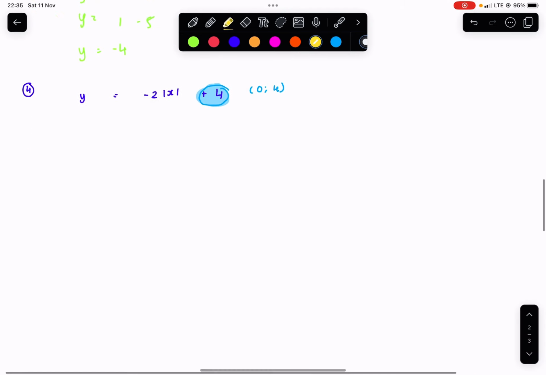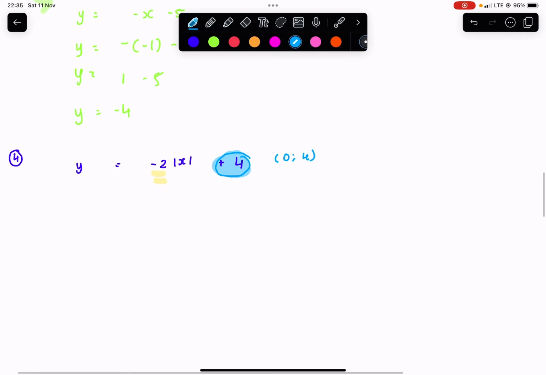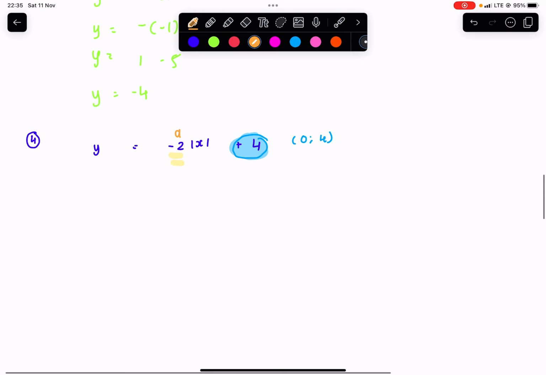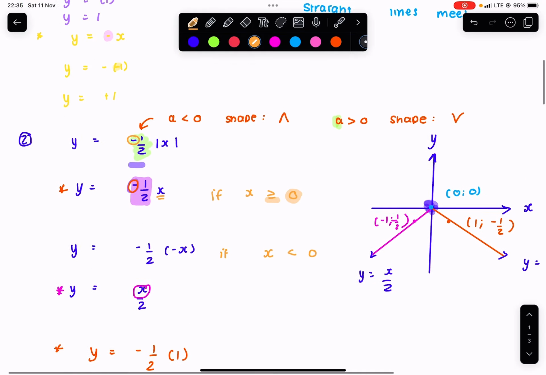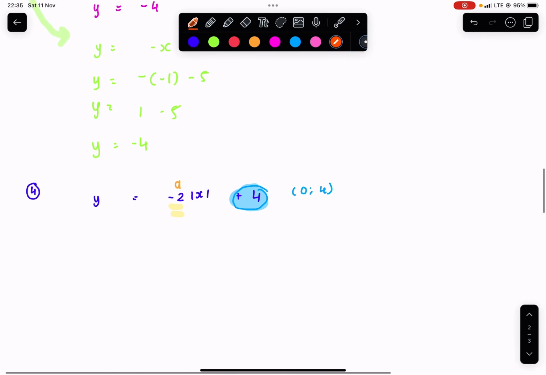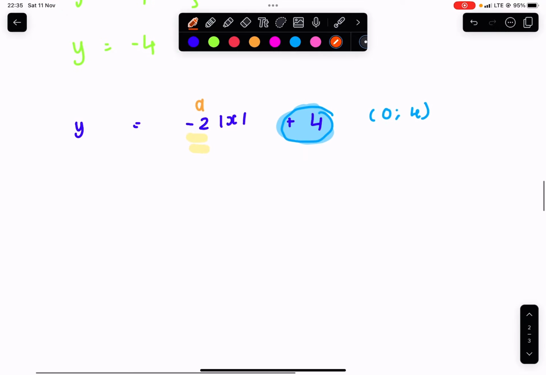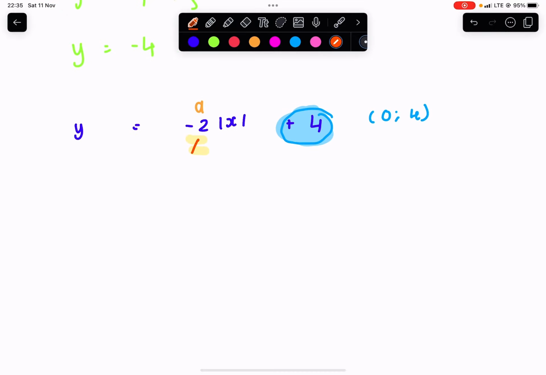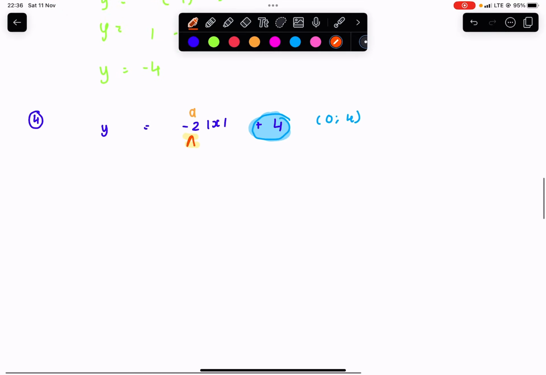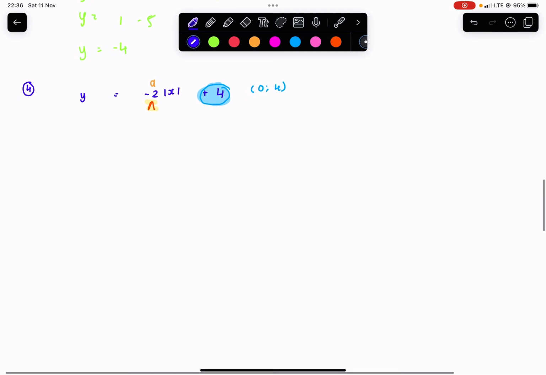We also have this negative 2 value here, which is your A value. And we know from way up here that when your A value is greater than 0, you're getting a V. But this happens to be less than 0, so you're actually getting an upside down V. So see what we can just determine from just looking at the equation.